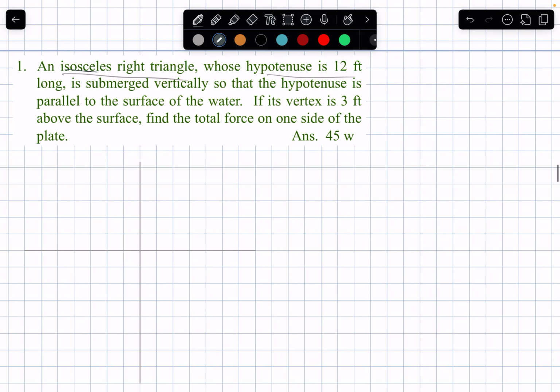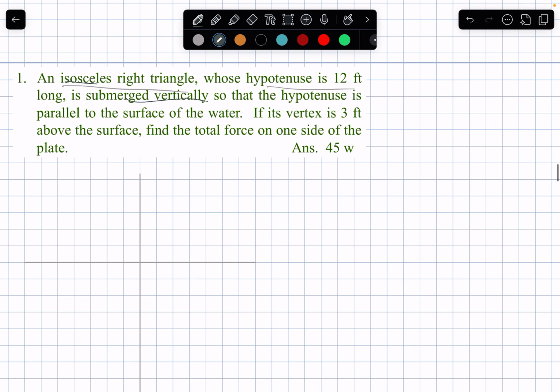Submerged vertically. I already know the answer, but I still want to try if it could work with this kind of orientation. Because supposedly the orientation is like this.